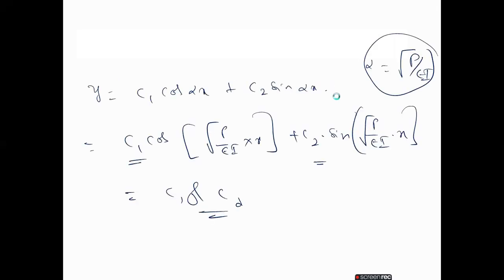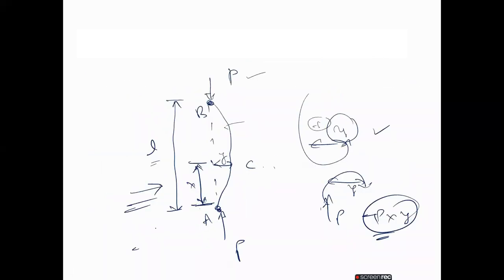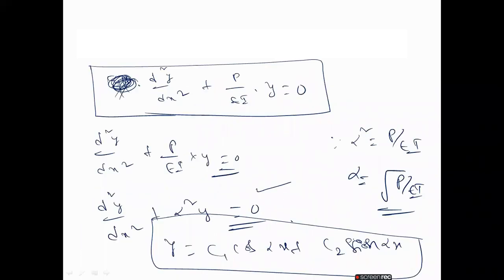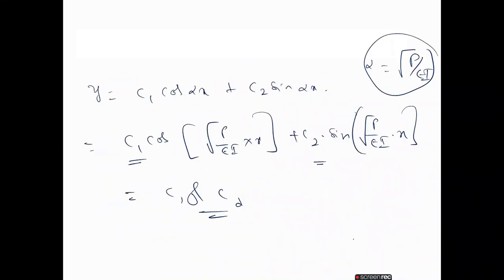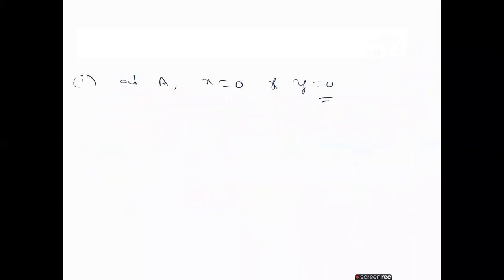If you observe this point in the diagram, here x equal to 0 and y equal to 0. Now substitute x and y in the solution of the equation.